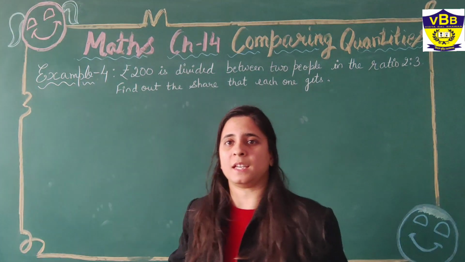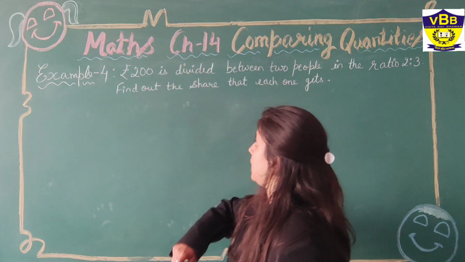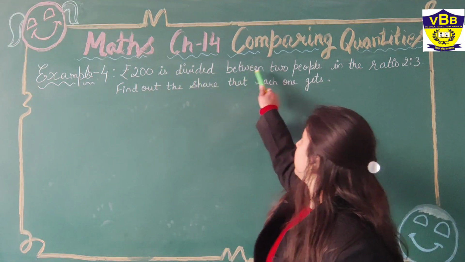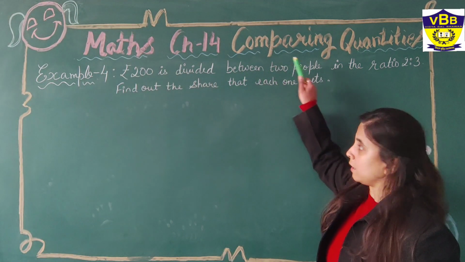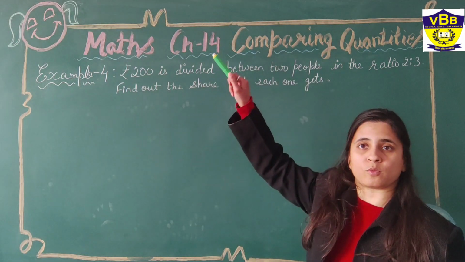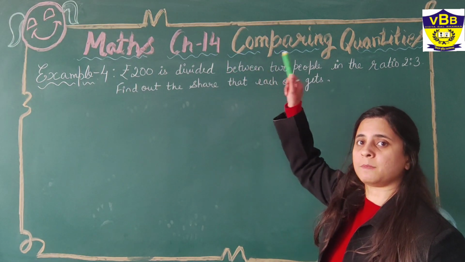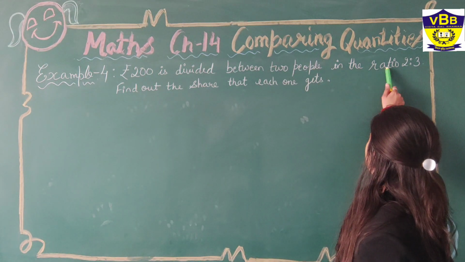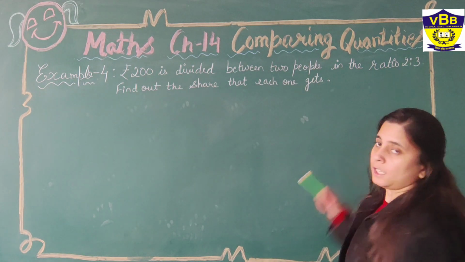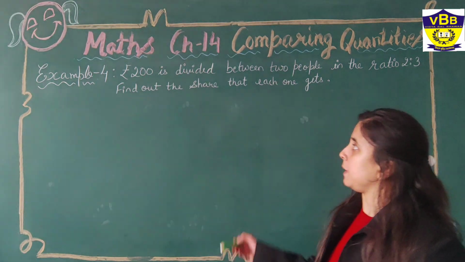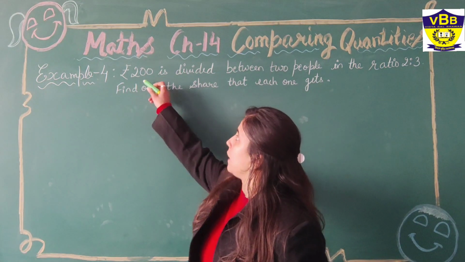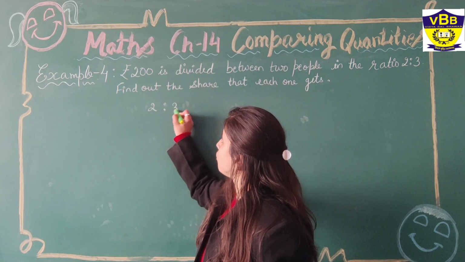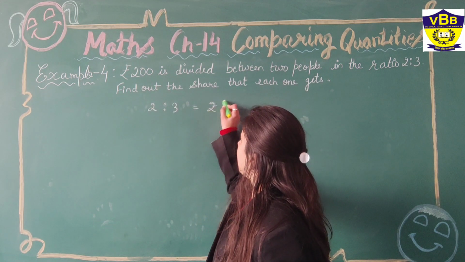Now, let us see example number 4. It is saying that rupees 200 is divided between 2 people. The total amount is rupees 200 and it is being distributed among 2 people in the ratio 2:3.